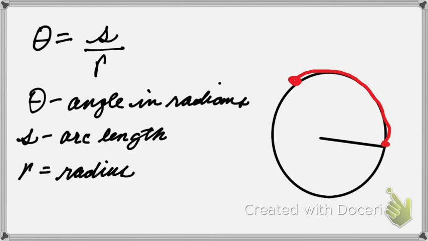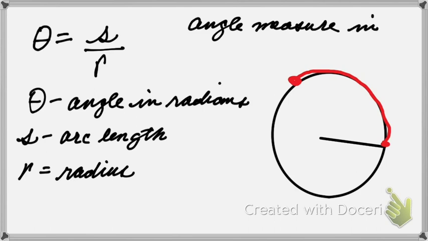Now, say I were to ask you, well, what is the angle measure of that arc in radians? So let me write that down. So I'm going to go angle measure. What's the angle measure in radians?